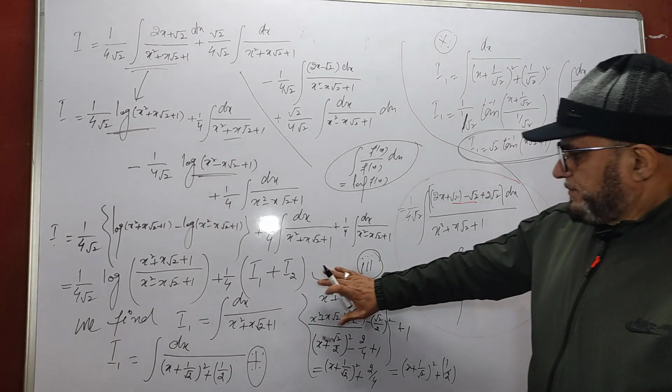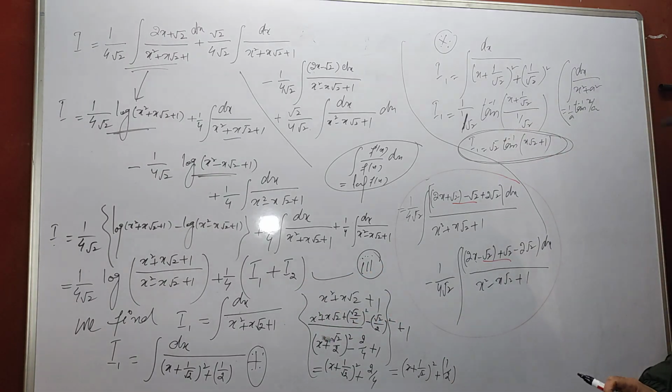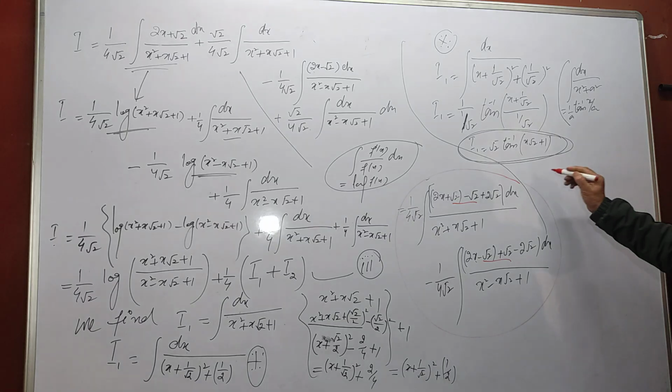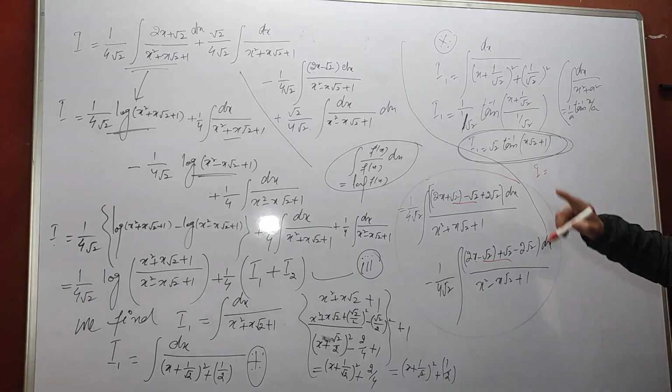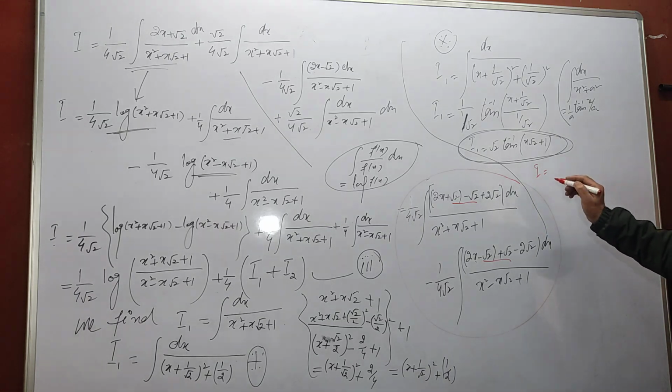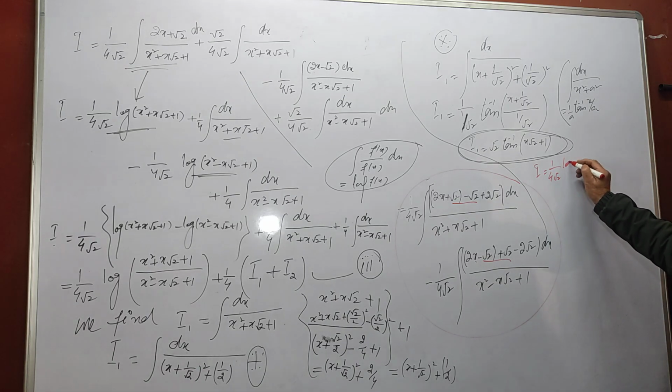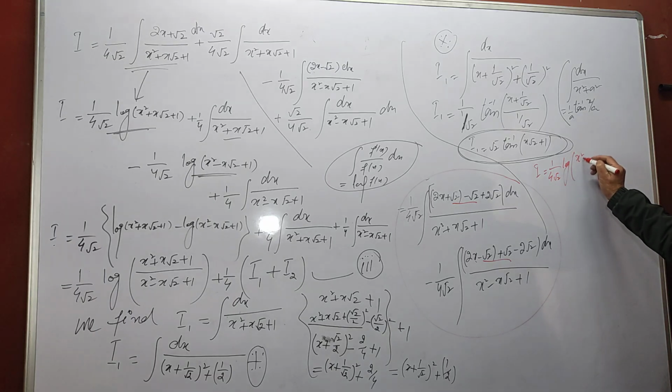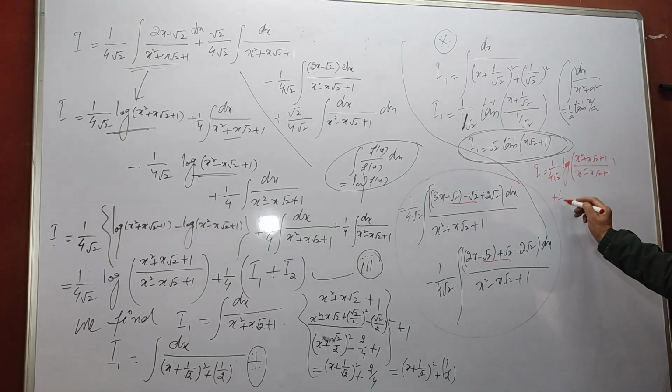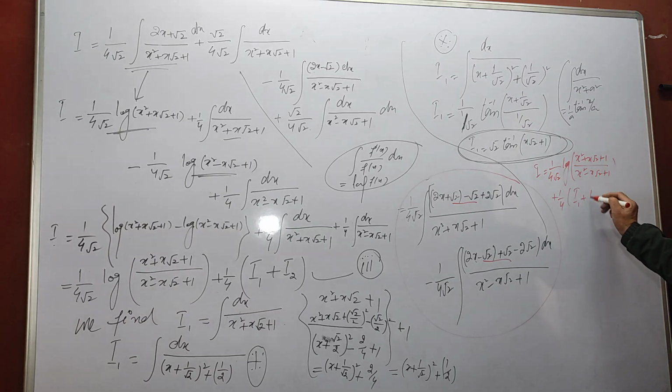This setup I need. I will preserve this setup here. I may need that setup. This I1 I preserve. My I is actually 1 by 4 root 2 log of x square plus x root 2 plus 1 by x square minus x root 2 plus 1, then plus 1 by 4 I1 plus I2.